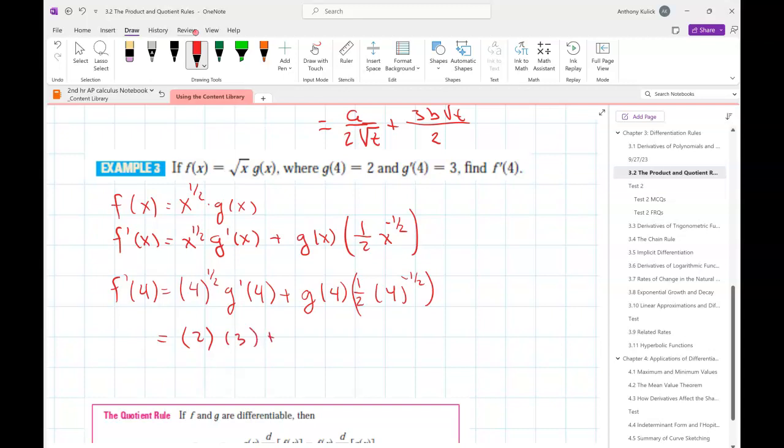G of 4 is 2. And then here's the $100 question. 1/2 times 4 to the negative 1/2 is? So 4 to the negative half is 1/2. And 1/2 times 1/2 is 1/4. So what do we get here? We get 6.5.